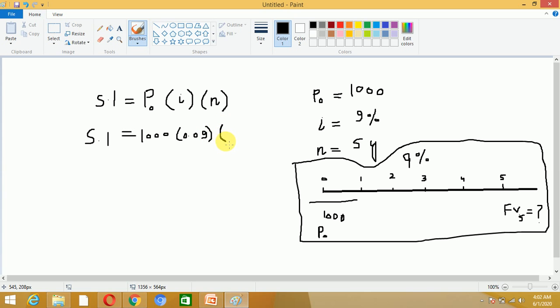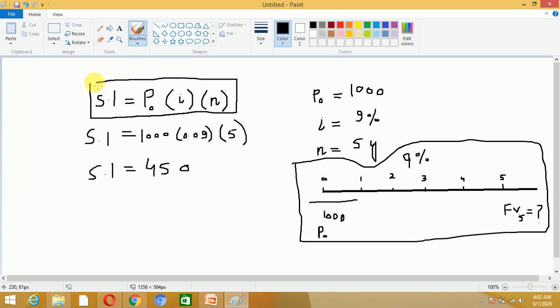And the number of periods means the time period, it is 5 years. Now when we multiply these three with the help of a calculator, we get a simple interest of 450. That's it. This is the calculation of simple interest with the help of the formula.